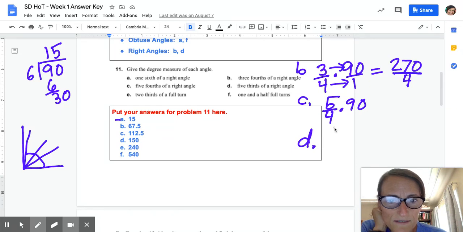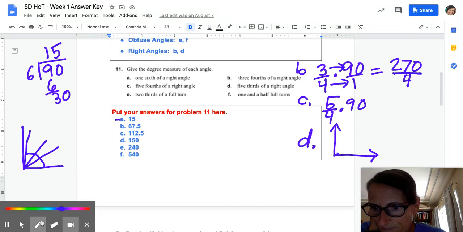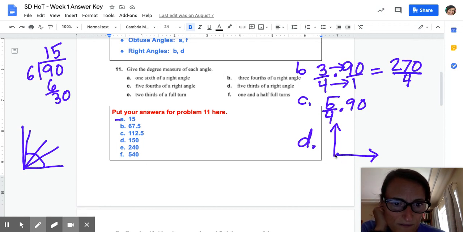Okay, 5/3 of a right angle for D. Since we can take a right angle and very easily split it into thirds, this is a good one to always have in the back of your mind: a right angle split into thirds, each of those is 30. So this would be 30, this middle one is 30, and this one is 30.